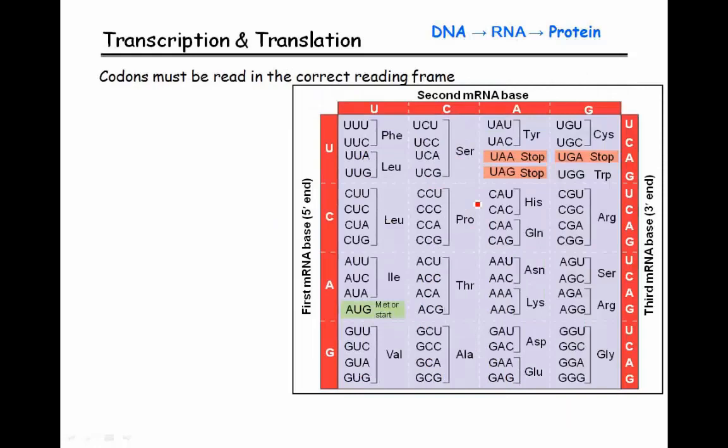Now the codons, when we look at them in the RNA, do have to be read in the correct reading frame. If you look at this English sentence here, the red dog ate the cat, when we read that sentence, it hopefully makes some sense to us. Notice also that these are 3-letter words, which is exactly what we're looking for when we're talking about codons.